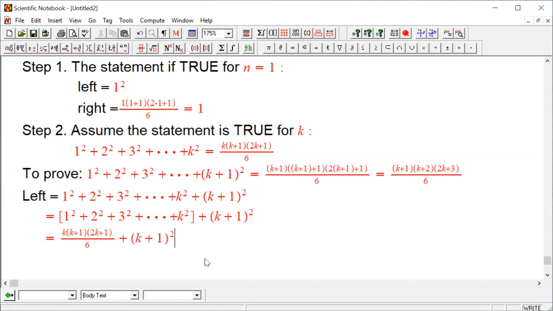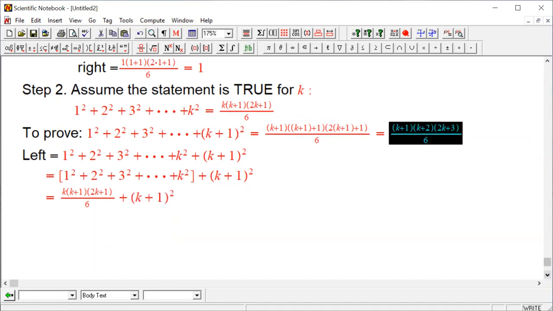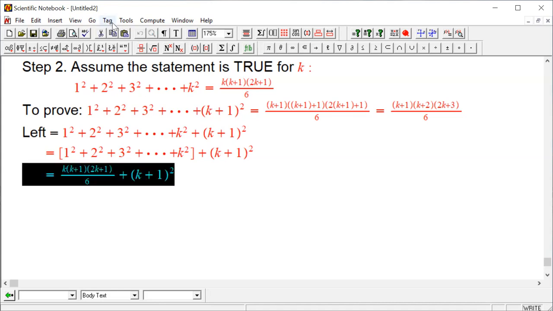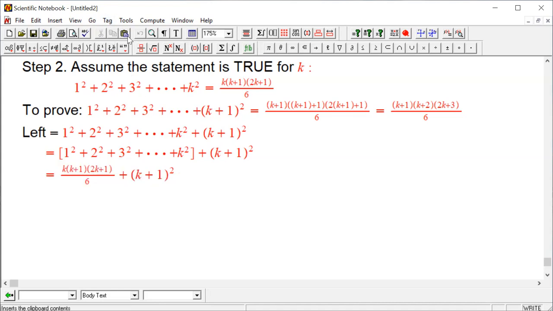So now from here, we want to prove it's going to be the same as the right-hand side. So now what do we do? There are a couple of things we can do. Number one is that we can make a common denominator.